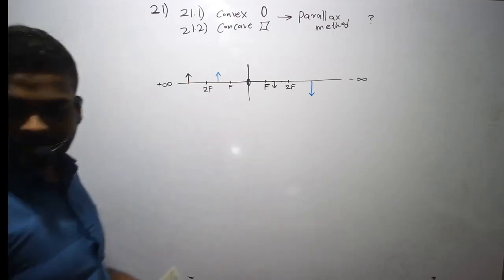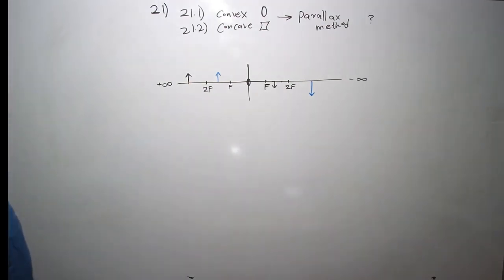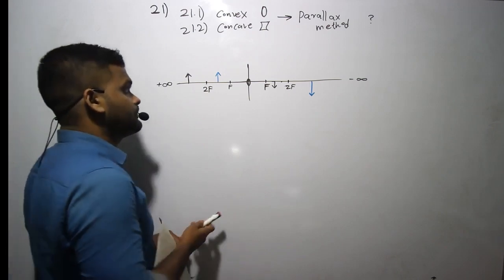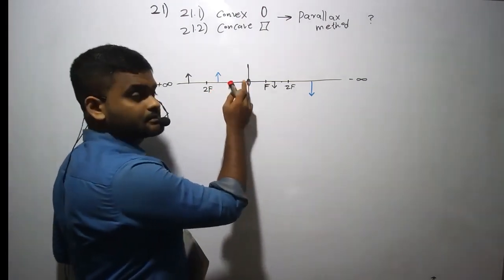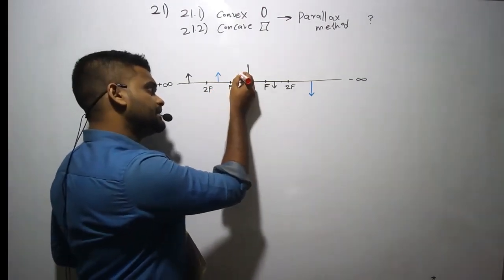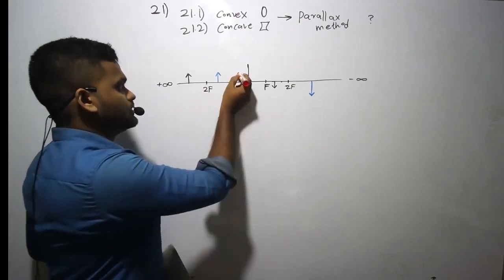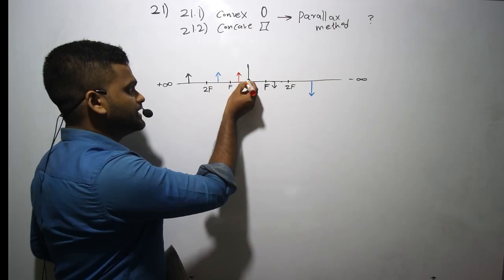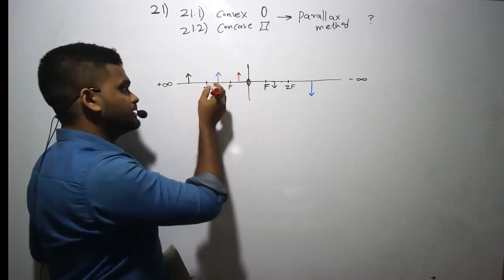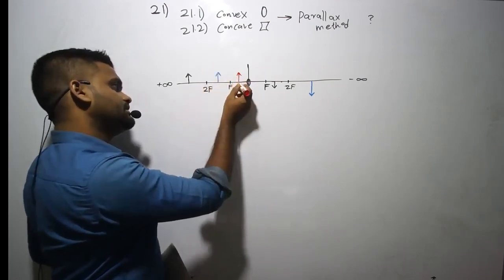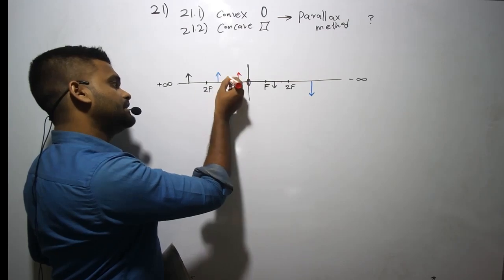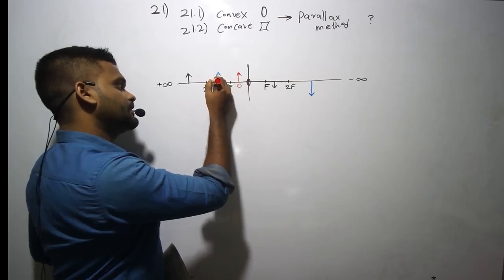Then we are going to use this region between F and the lens. So let's say you place this object here. You know the image is not inverted and it will be behind the object, let's say somewhere here.